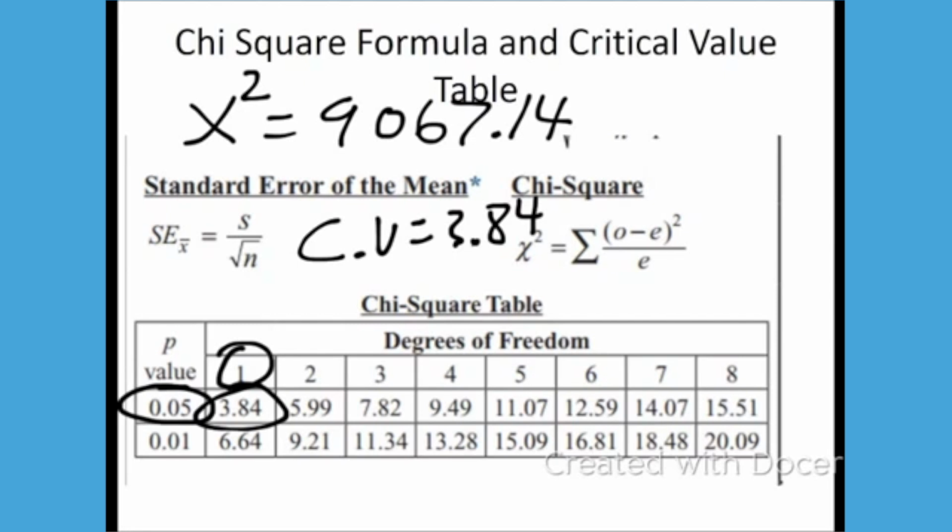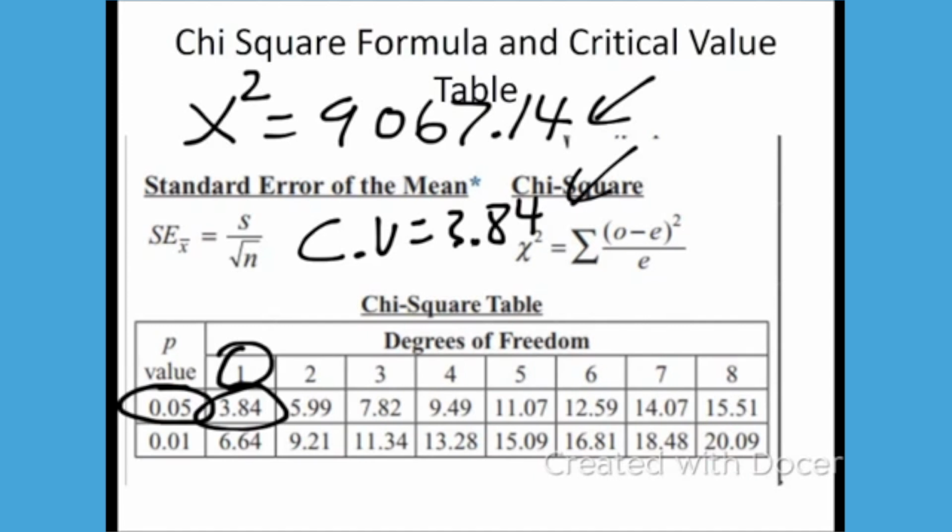We compare chi-square to the critical value. Chi-square is much higher than the critical value. When that's true, remember, when chi-square is higher than the critical value, we reject the null hypothesis. Remember that our null hypothesis was that there was no statistically important difference between our observed and expected data. This is saying, when we reject the null hypothesis, that there are differences.